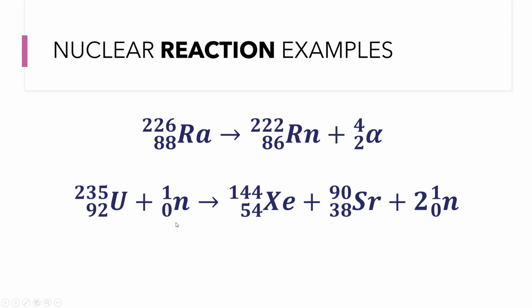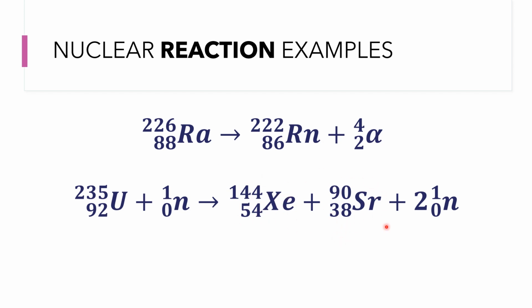Another one we have here is uranium 235 reacting with one neutron. I think this one is actually a bombardment. Upon striking, the neutron strikes the uranium and it splits into a xenon 144 and a strontium 90.